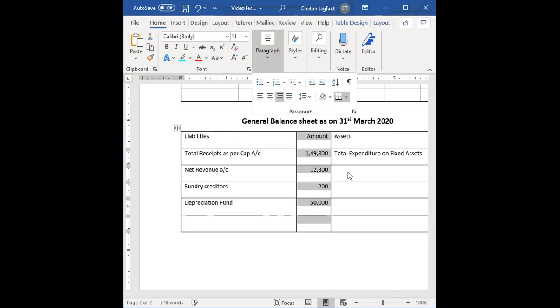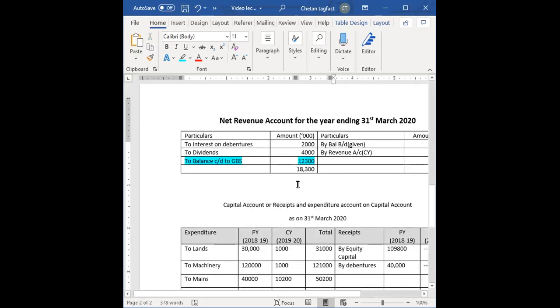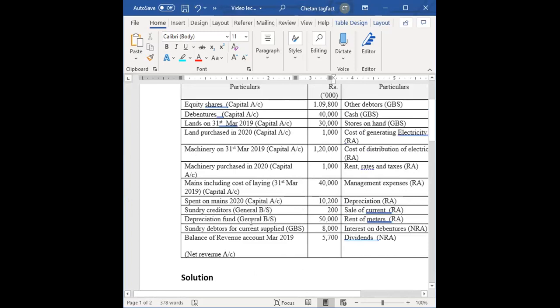Now coming to your current assets. Only these are the items that account to current assets. Sundry debtors for current supplied is a current asset, so we take it into the asset side of the general balance sheet.